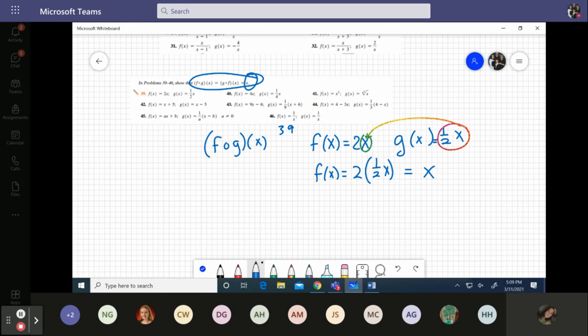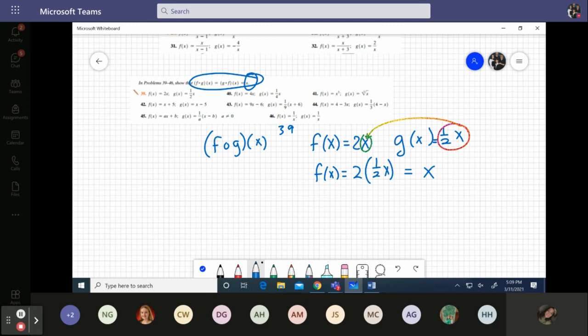Let's try problem 42. What am I trying to find out? For 42, does f of g of x equal g of f of x?